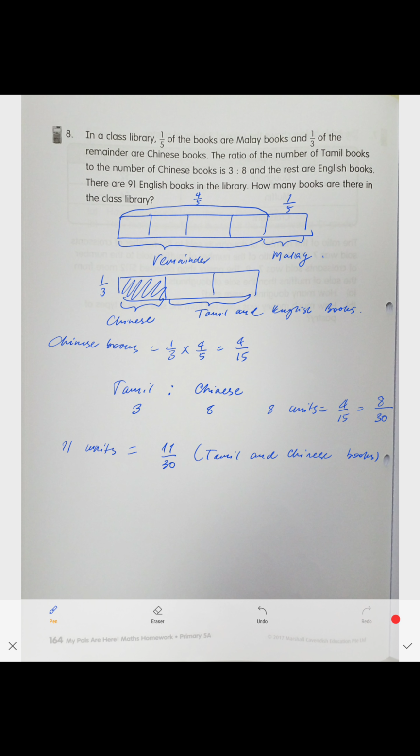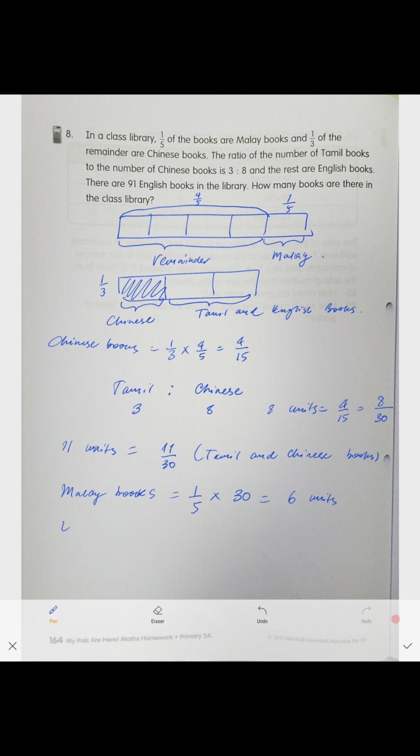So what do we do next? Our Malay books is 1/5, and we decided that our denominator is 30, so the total amount of units is 30 in the whole thing. So 1/5 of the 30 units is 6 units. And what do we have left?